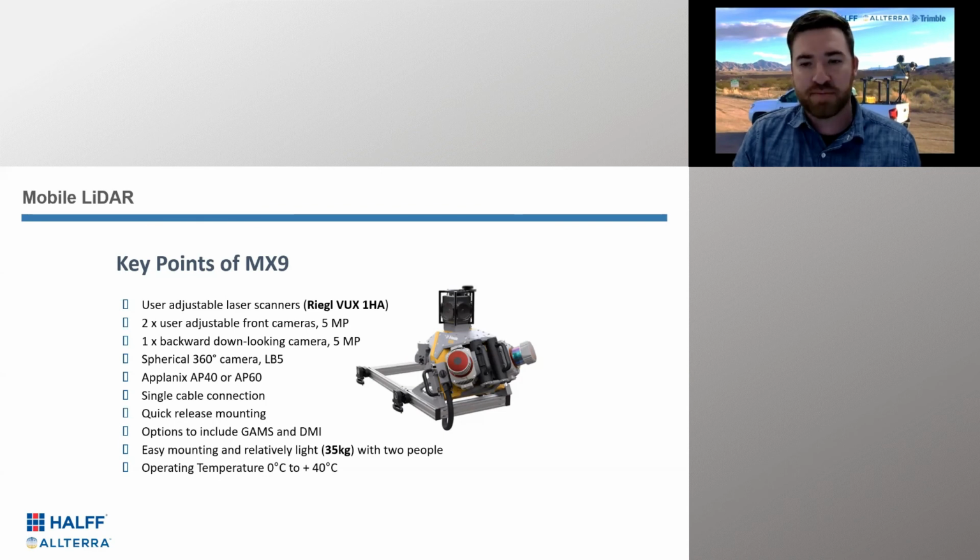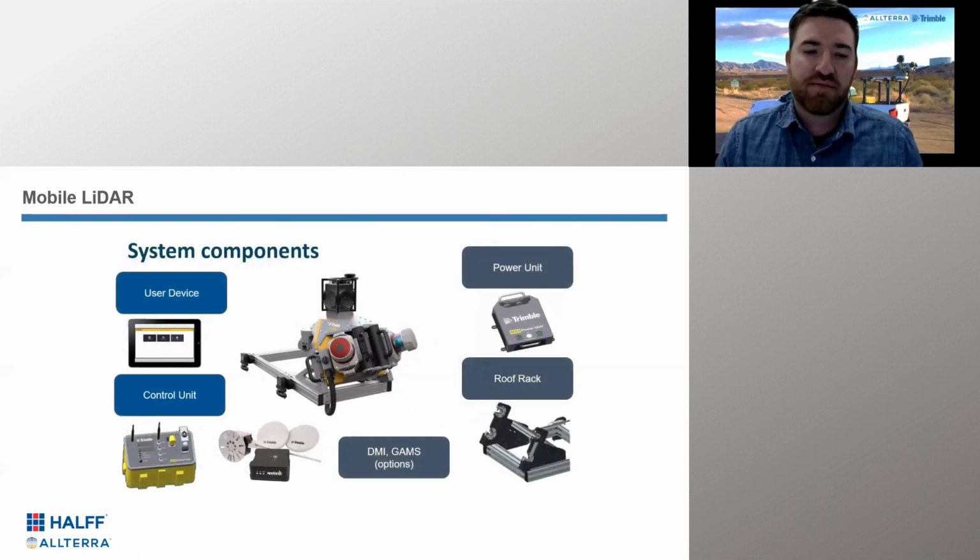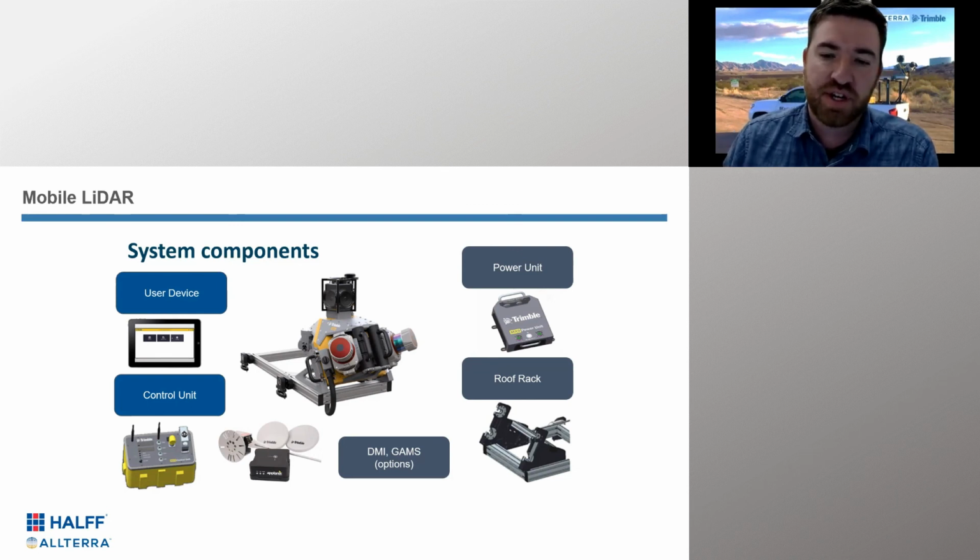So we're using POSPac for our trajectories, and we also have the GAMS and DMI that we feel bring tremendous value when necessary in areas of poor GNSS solution concerns, be it urban canyons or rural areas with tall vegetation or things like that. So as I said, very compact.